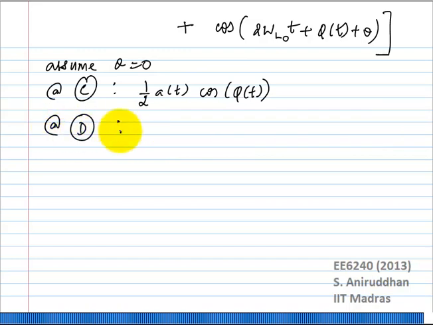Similarly at D, you get minus half A of t sin phi of t. Okay, so you have managed to get the in-phase and quadrature components in some form or the other.